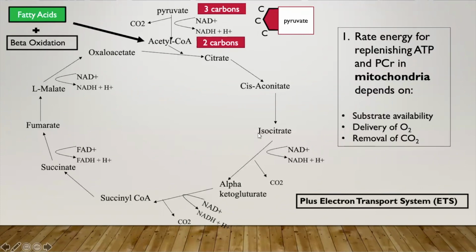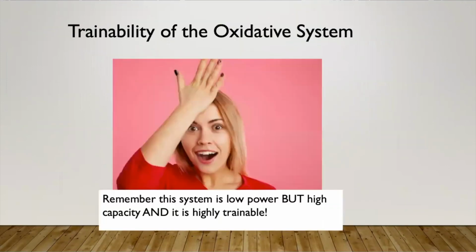It takes time for this to take place. You have to transport in, you have to have the substrate, fatty acids or pyruvate being brought in, you have to have the delivery of oxygen, you have to have the removal of CO2. So it's a slower system, and thus the term slow glycolysis.